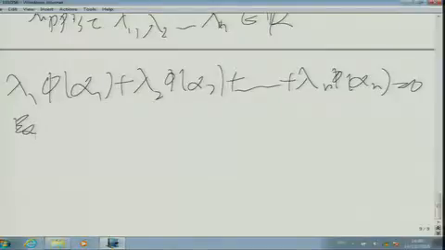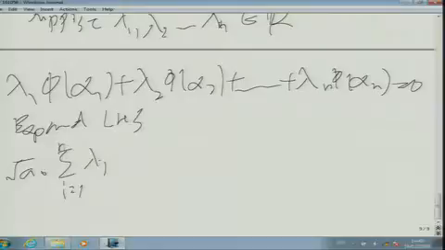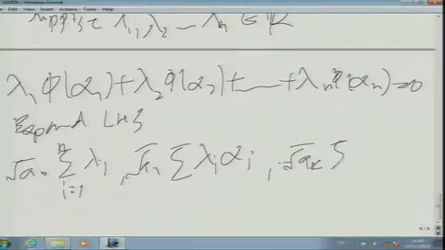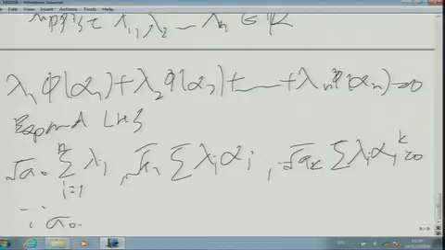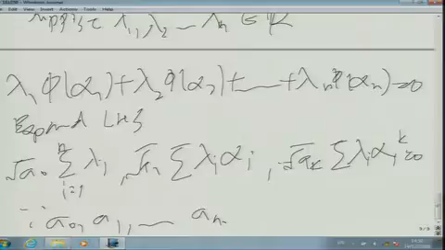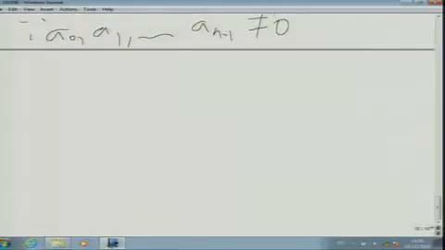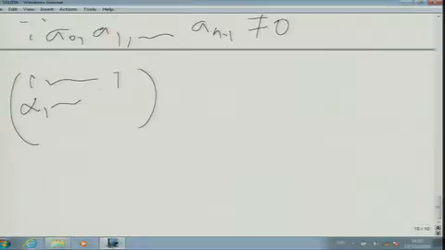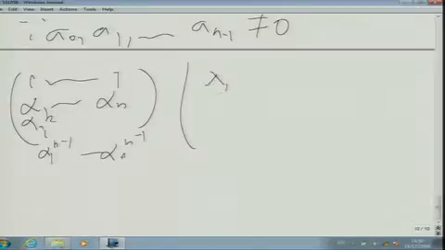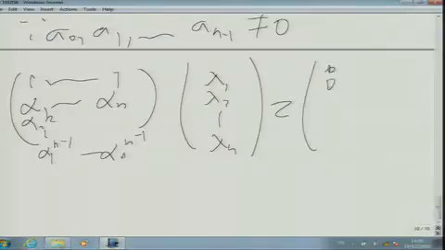So by expanding the left hand side, we get root of a_0 summation of lambda_i with i equal to 1 to n, and root of a_1 summation of lambda_i alpha_i, to root of a_k summation of lambda_i alpha_i to the power k, are all equal to 0.